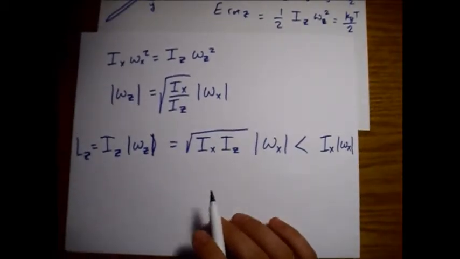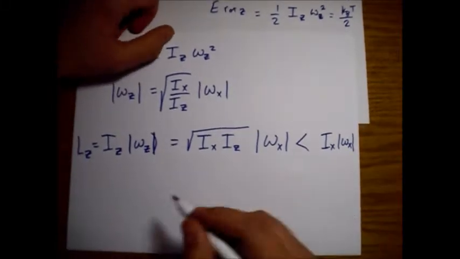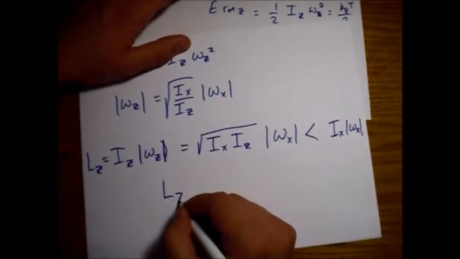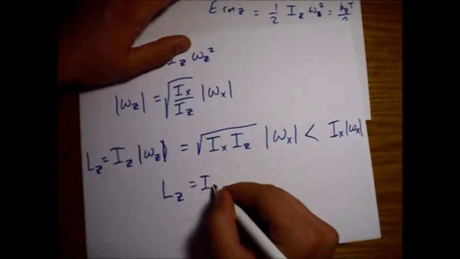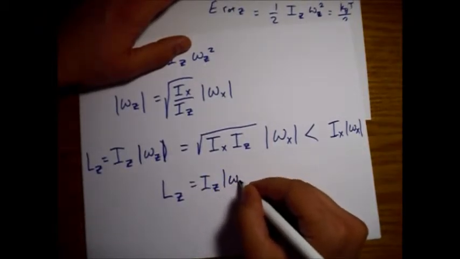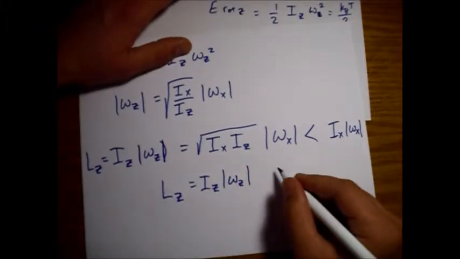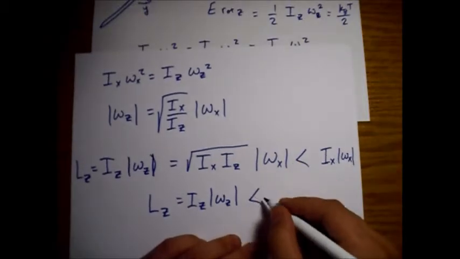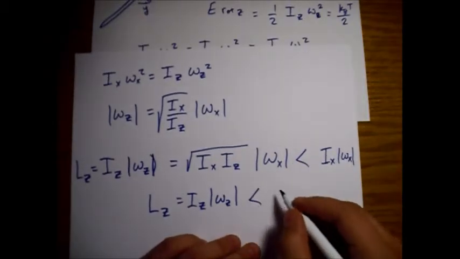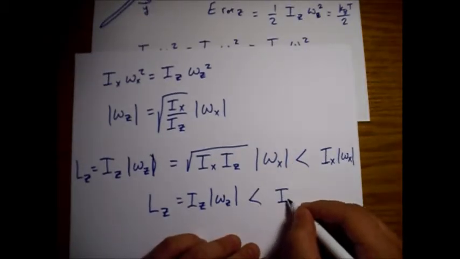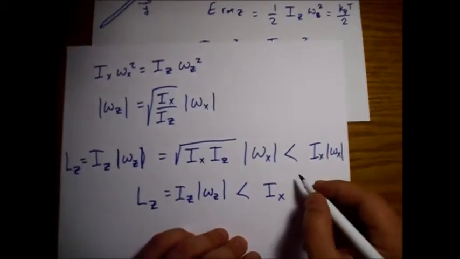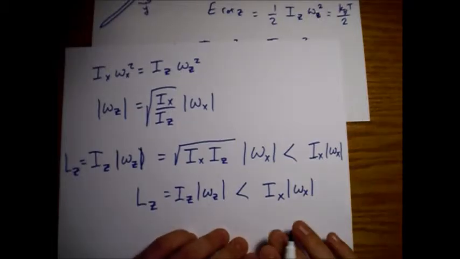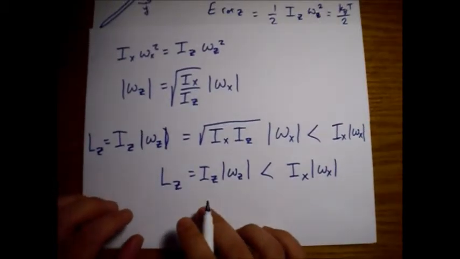So what this tells us is that the angular momentum L sub z equals I sub z omega z is less than, possibly much less than, L sub x.